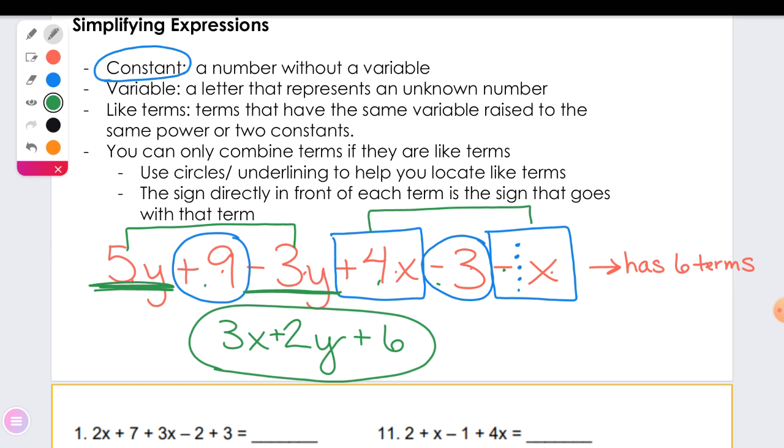Yeah, but if they said x equals 2 and y equals 3, could I then give a 1 number answer? Yeah, I could substitute in the numbers, and we're going to practice that later on in the week. Okay? So that's simplified. And that's what you guys don't like, because you like an answer of like 7. Yeah. 3x plus 2y plus 6 is your answer, quote unquote.